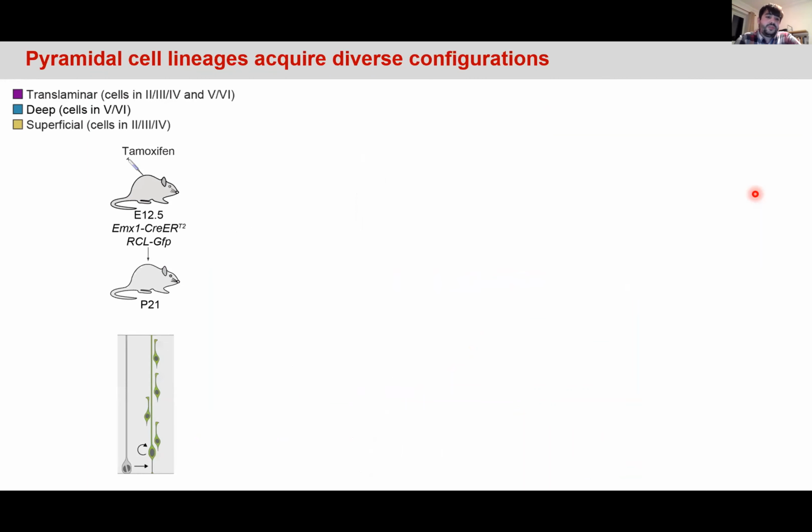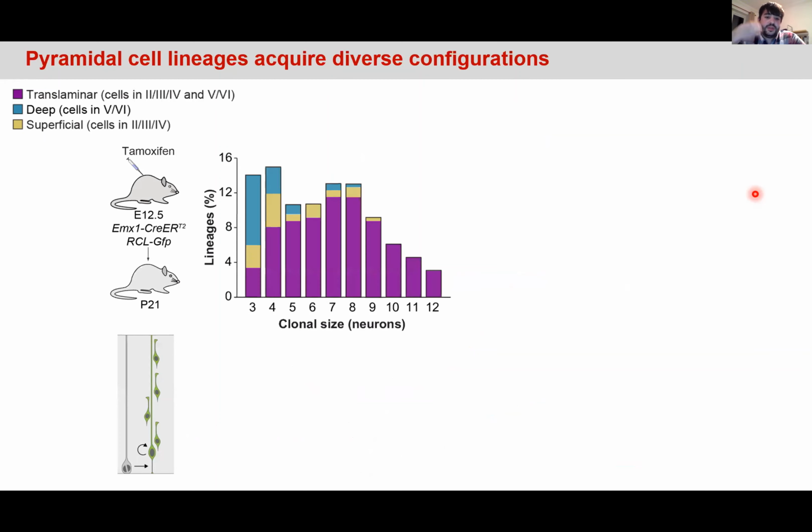But first, to check a bit more in detail the structure of these lineages, we could do that and gain a bit more knowledge about what these radial glia cells are doing during development. So first of all, we observe that the clonal size distribution of these lineages was very variable from one radial glia cell to another.